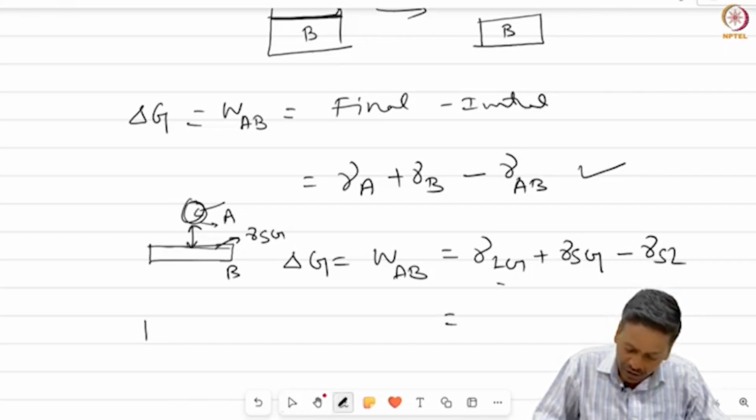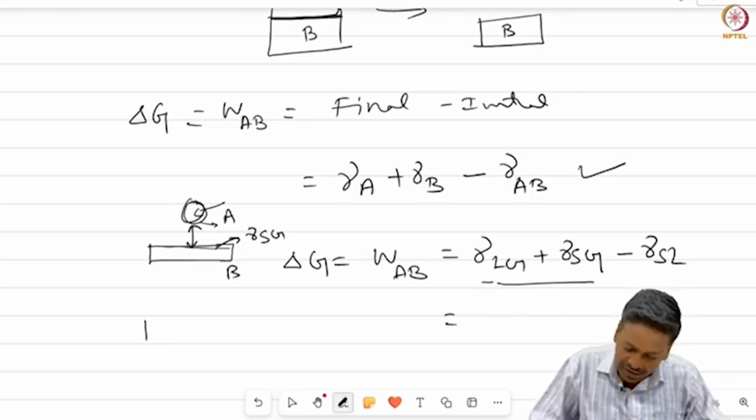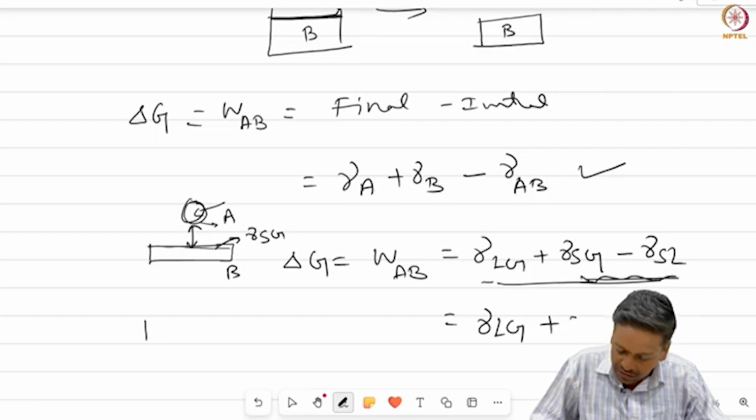If I borrow from the Young-Dupre equation, I know what this is: gamma Sg minus gamma SL explicitly. In that case, I can replace this with gamma Lg cos theta.